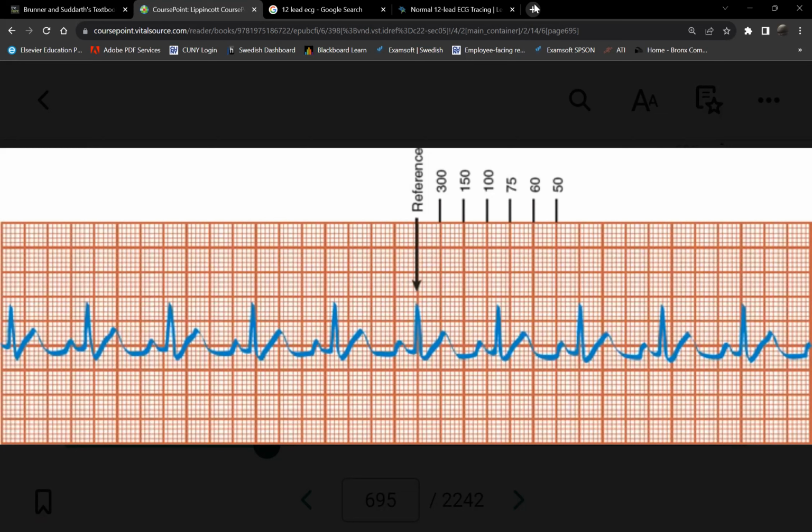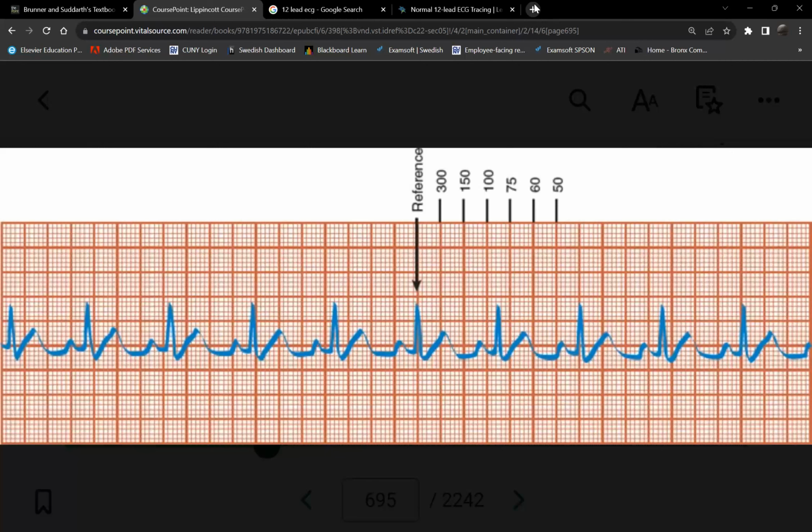Pick any 2 R waves. This one? This one? Okay, this one to this one, right? These two. So how many big boxes are there between here? 1, 2, 3, and is it really 3? Exactly 3?